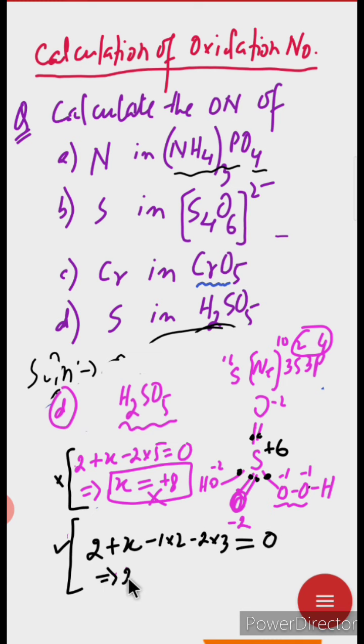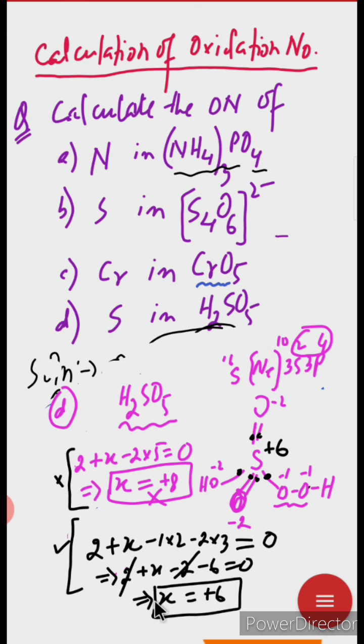So this is 2 plus X, this is -2, this is -6, equal to 0. The -2 and +2 cancel out, and this gives the oxidation number of sulfur as +6, which is the correct oxidation number of sulfur in Caro's acid.